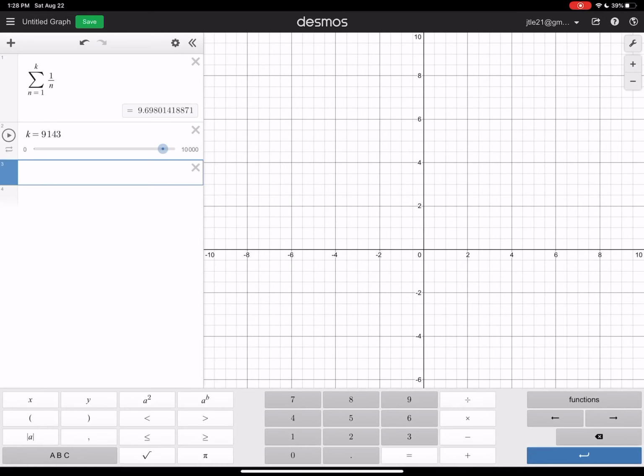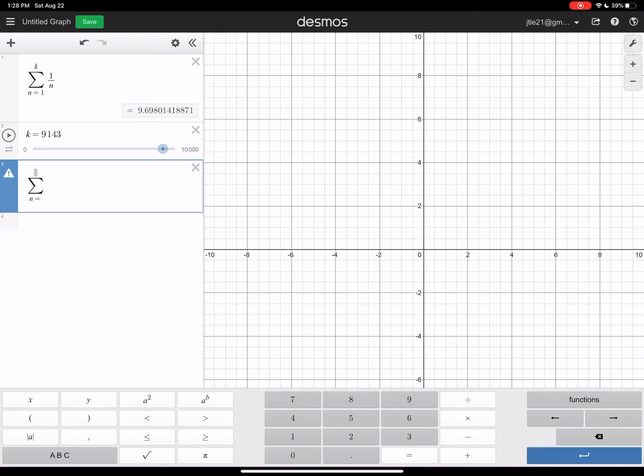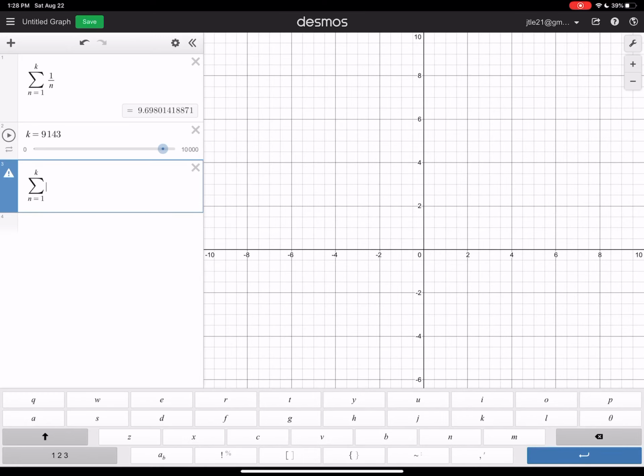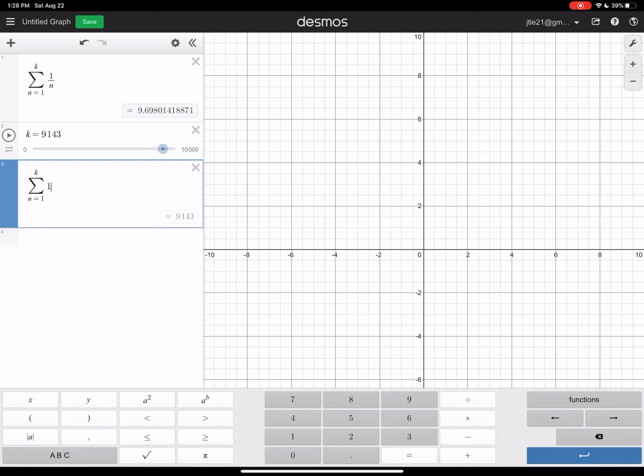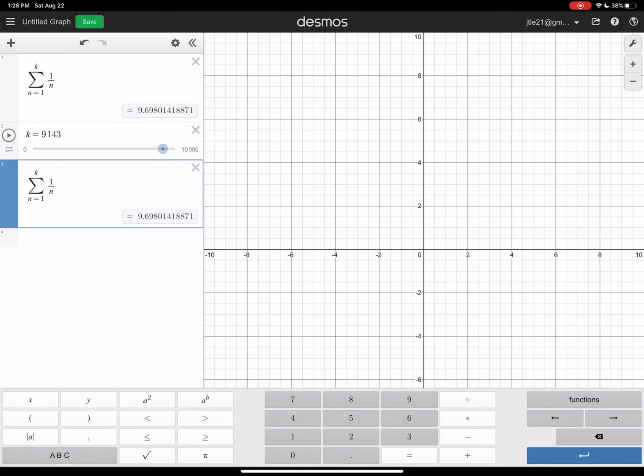Now, let me go ahead and run that simulation for the other scenario. Now there I squared the denominator, so I'm going to go ahead and square it here.